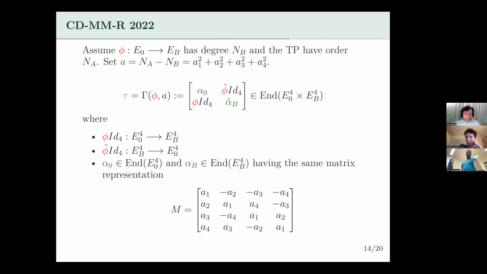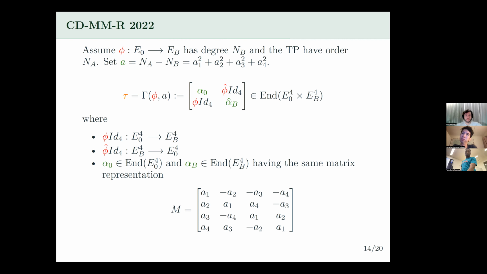Then you can build the matrix tau, which is gamma of phi and A, the endomorphism of that abelian variety. One clear fact just by construction is that the degree, which you can recover by looking at the determinant of this matrix, is exactly NA.